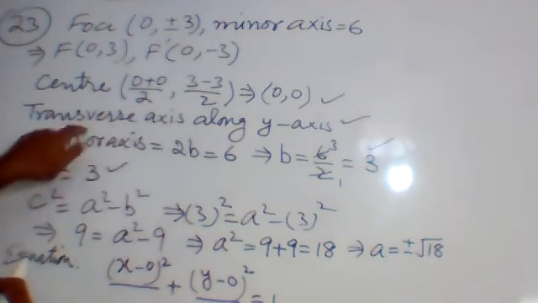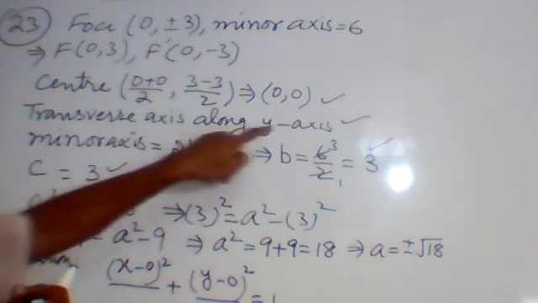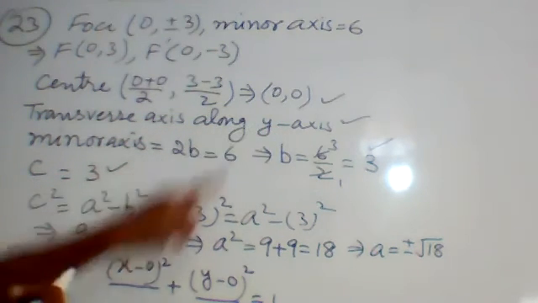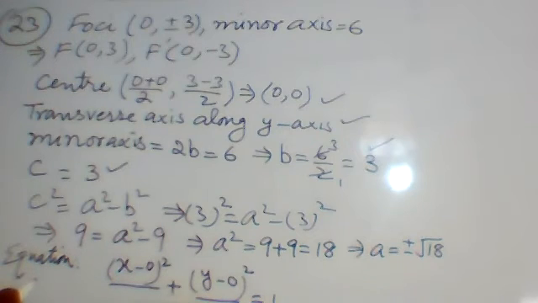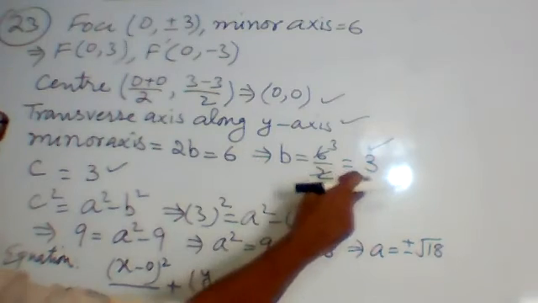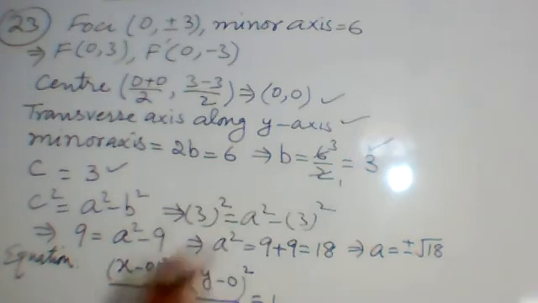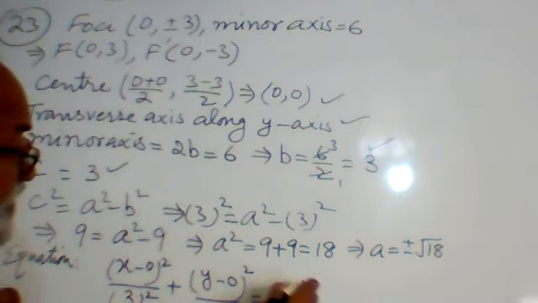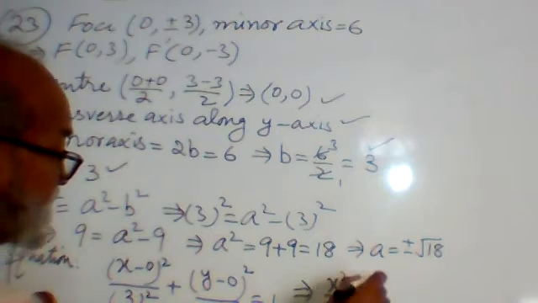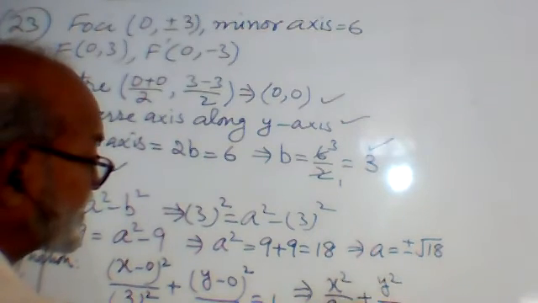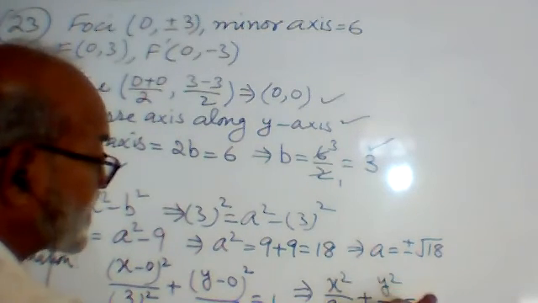Now the transverse axis was along the y axis. Therefore, a square will be written under y square, so it will become 18 over there. And b square will be written under x, so 3 square. So the final answer will become x square upon 9 plus y square upon 18 is equal to 1.